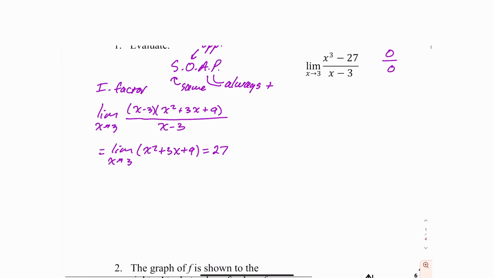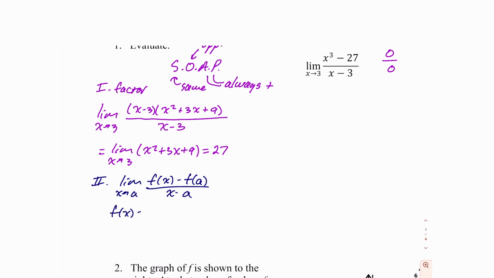Option 2 is, I look at this and I think this looks a lot like the definition of the derivative. So if it is, it would be the limit as x approaches a of f of x minus f of a over x minus a, which would make f of x be x cubed and a would be 3, which means I'm just trying to find f prime of 3.